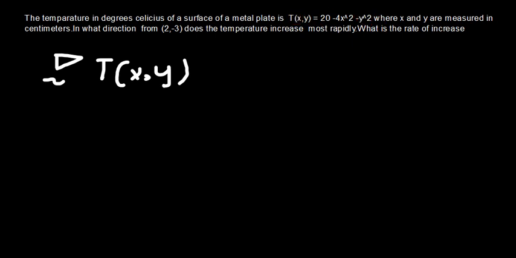So we continue with the question: what is grad T? This grad simply means the derivative with respect to x and the derivative with respect to y. So let us find the derivative of x and derivative of y.